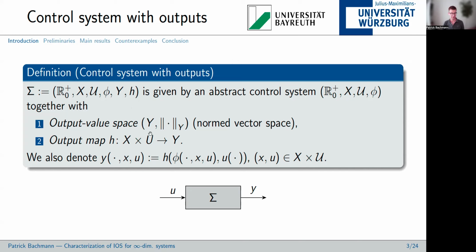So we have some normed vector space and a map from the state space times the input values to the output values. We will in the following denote this output function by y. You can consider it just as an input-output system where u is the input, y is the output, and something happens in between, which is nonlinear in this case.